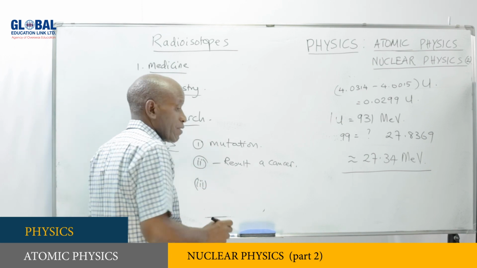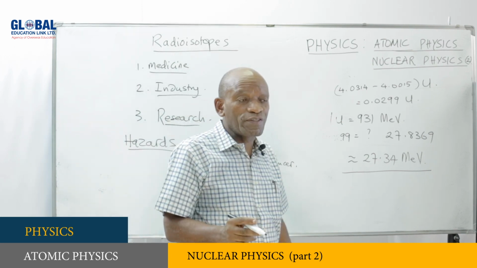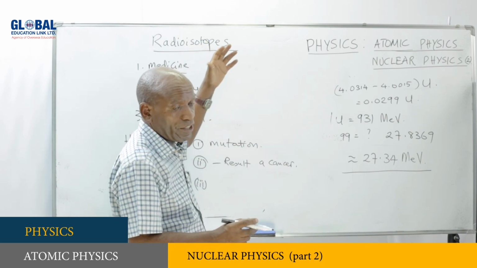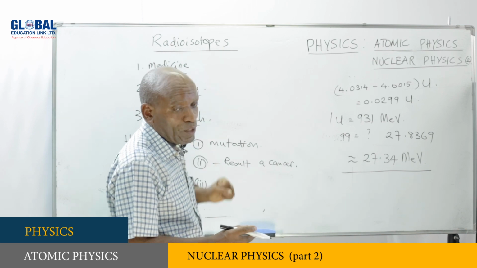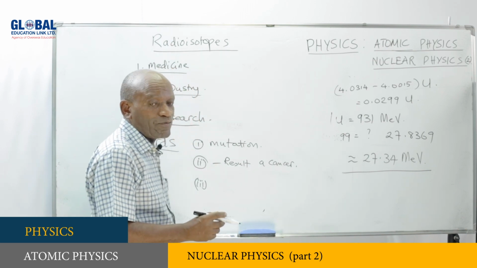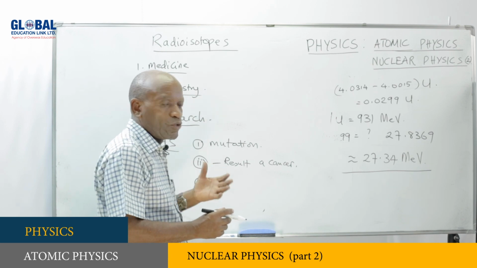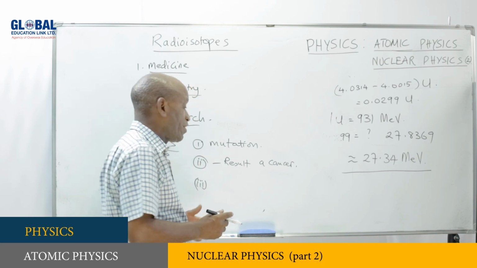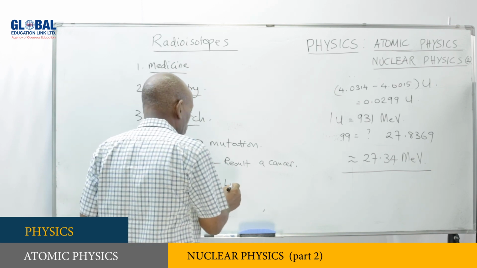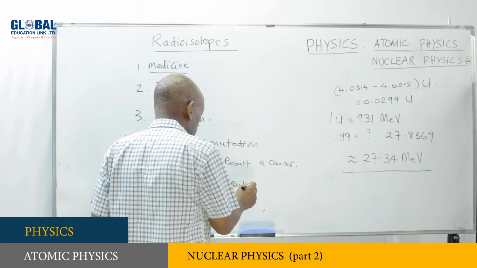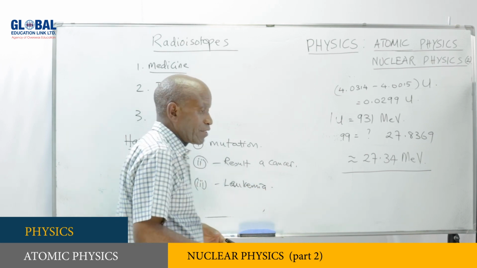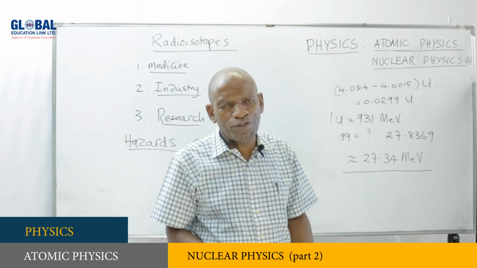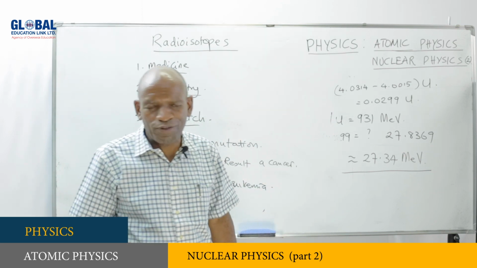And sometimes somebody who has received a particular dose of radiation produced by the radioisotope could have a problem of leukemia, where the bone marrow is really affected, and hence could get leukemia, and later cancer of the blood.